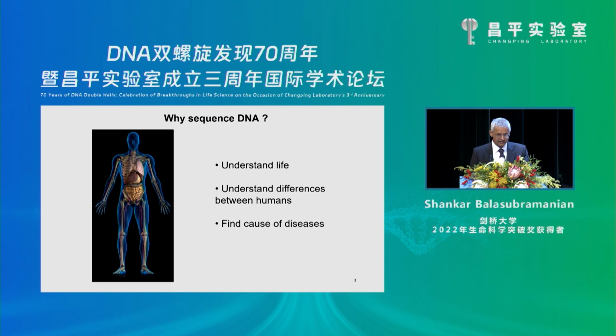Of course, we tend to focus on humans. There are many organisms on the planet that have DNA that form their genomes. So all of these points apply across organisms.